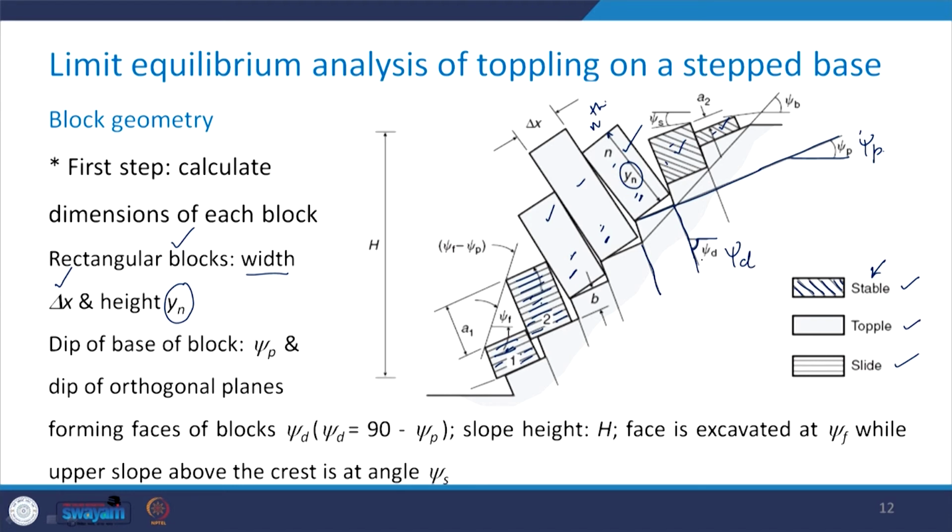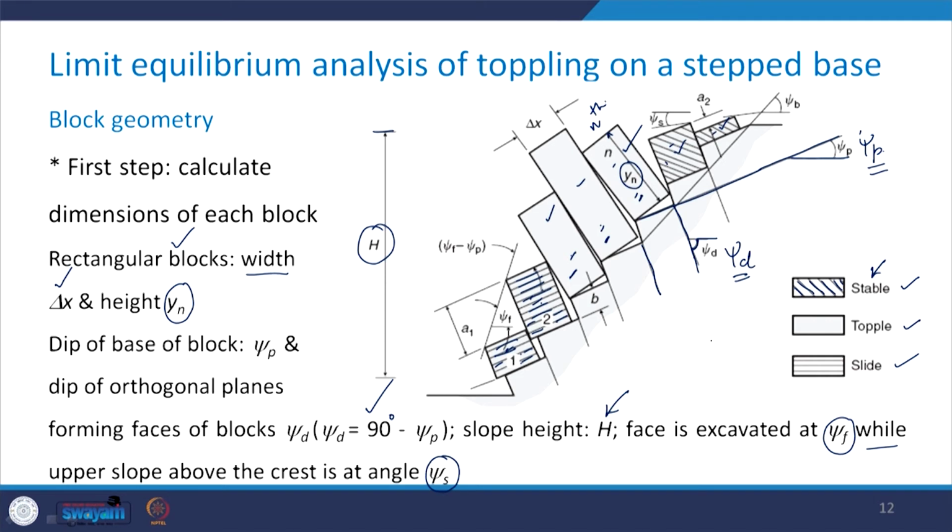And there is a relationship between psi d and psi p, which is given as psi d is equal to 90 degrees minus psi p. The slope height is represented by capital H, which has been shown here. The face is excavated at an angle of psi f, while the upper slope above the crest is at an angle of psi s.